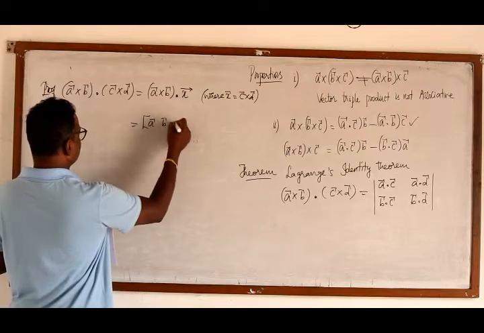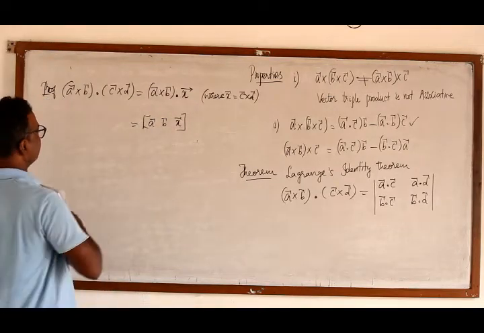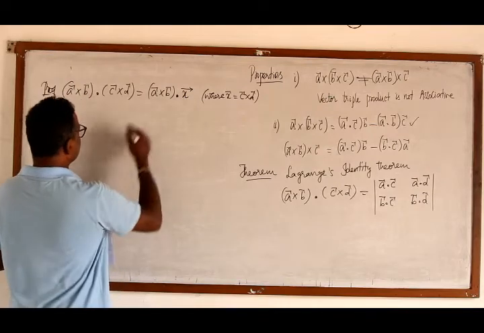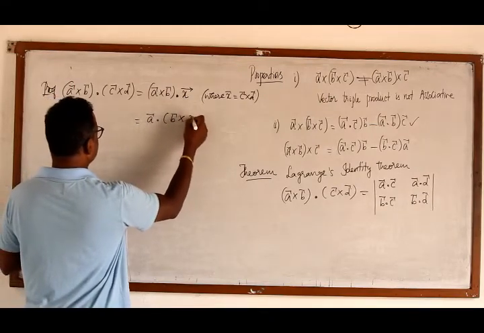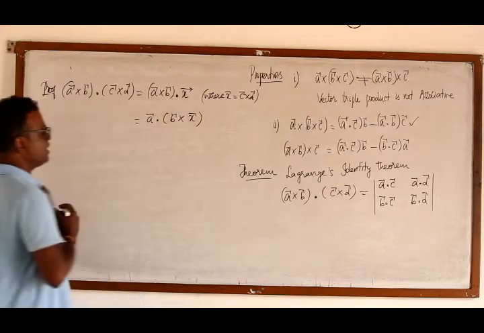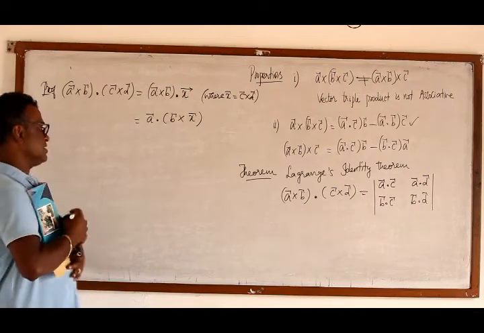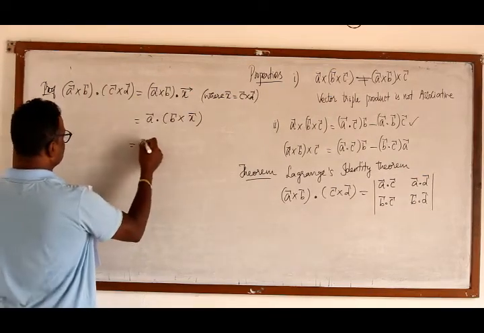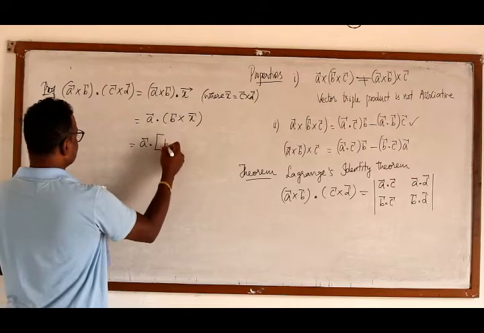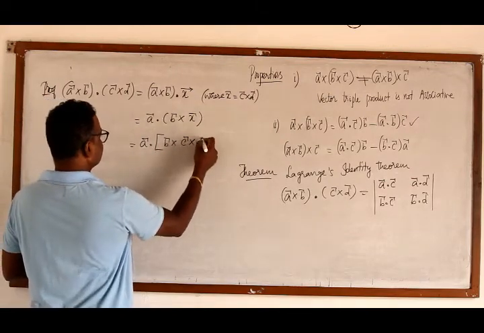So it is our box product. I can write this as A dot B cross x vector, because in a scalar triple product, dot and cross can be interchanged. So A dot, now I can write B cross, instead of x, C cross D.